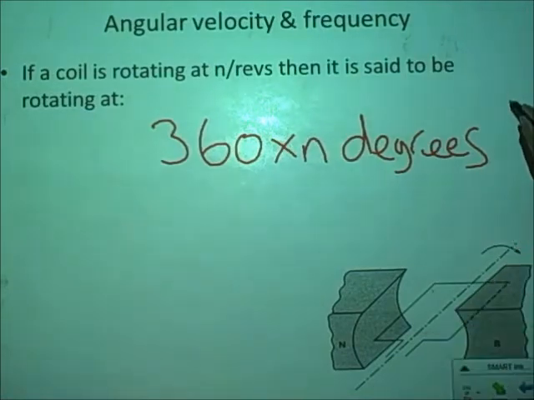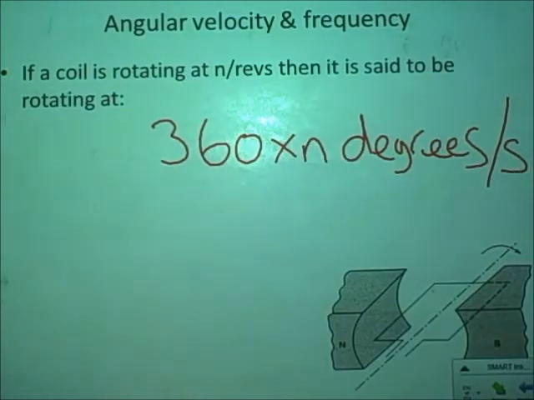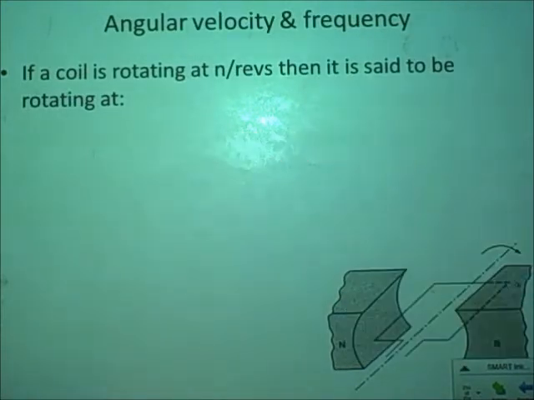However, it is per second. So you can make a note to that effect. If the coil is rotating at n revolutions, then it is said to be rotating at 360 times n degrees per second. Remember, n equals a frequency in this case. Okay, let's clear that. Let's move on.